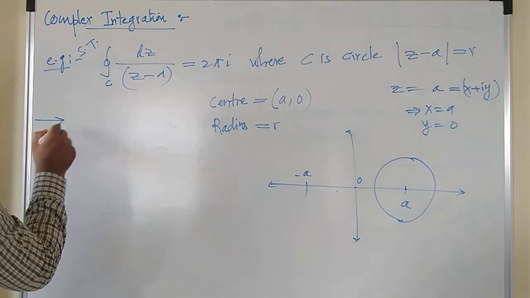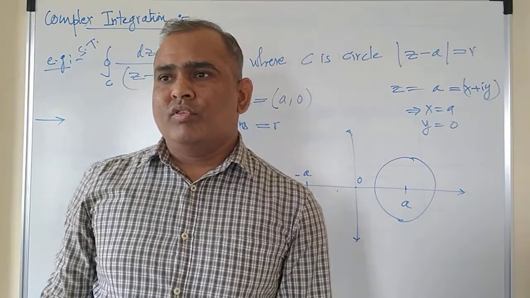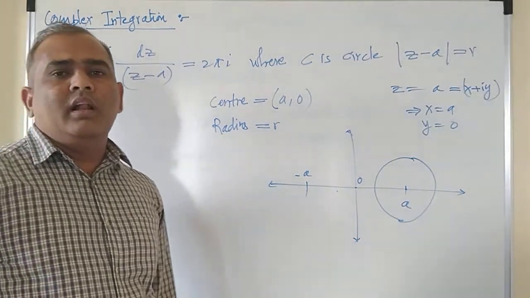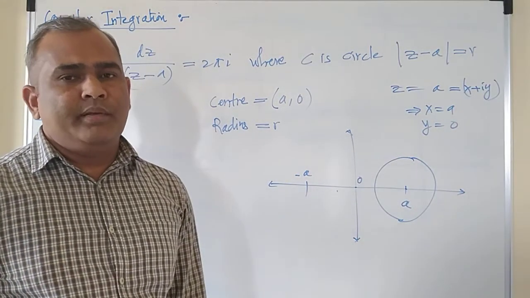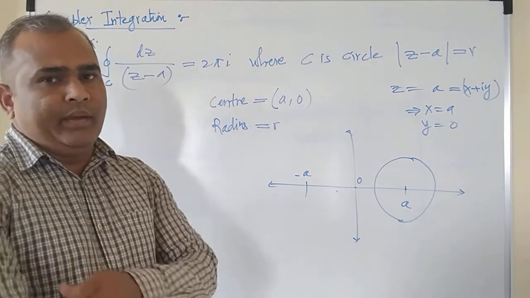Now let us solve this problem by using the Cauchy integral formula. And what's your Cauchy integral formula? Integral over the given contour f of z divided by z minus a is equals to 2 pi I into f of a, right?